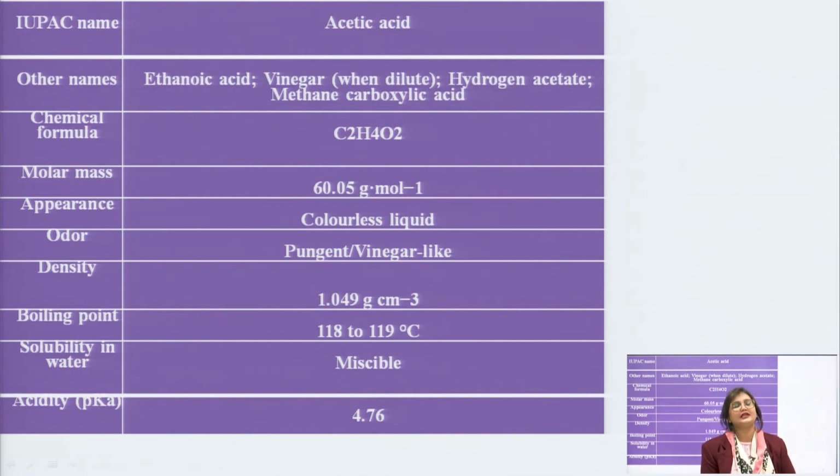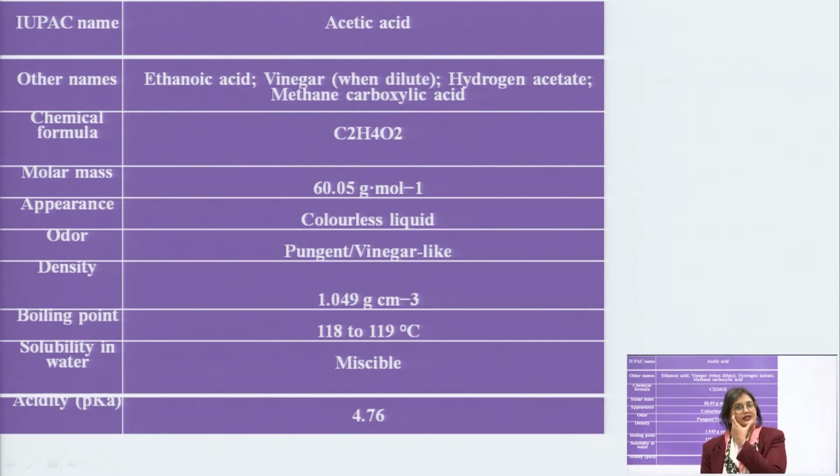The IUPAC name of acetic acid is acetic acid. Other names: acetic acid is also known as ethanoic acid, vinegar when diluted, hydrogen acetate, and also called methane carboxylic acid.